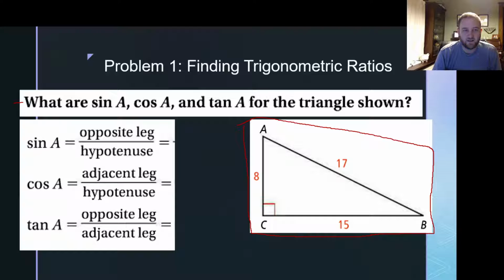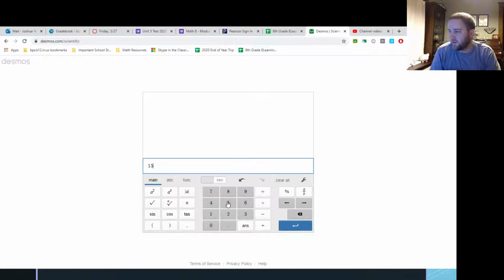Sine of A is opposite over hypotenuse. So this is A right here. Opposite is 15, hypotenuse is 17. So you're going to take 15 divided by 17. Okay, so let me get my calculator. 15 divided by 17. Okay, so the sine of A is 0.88.